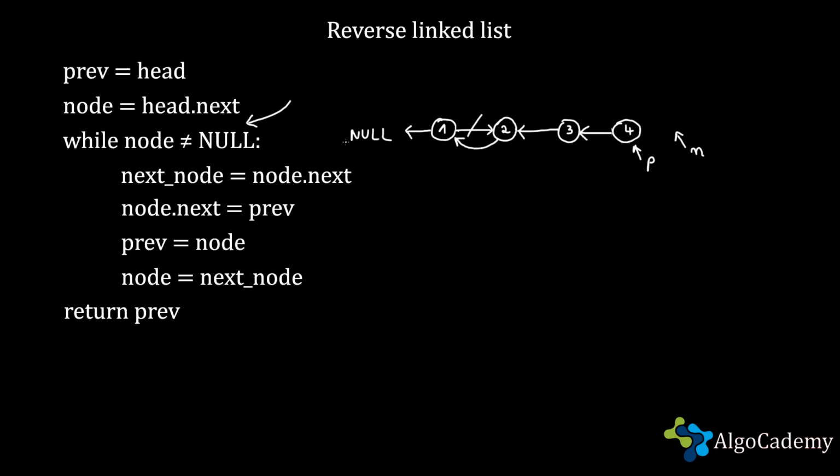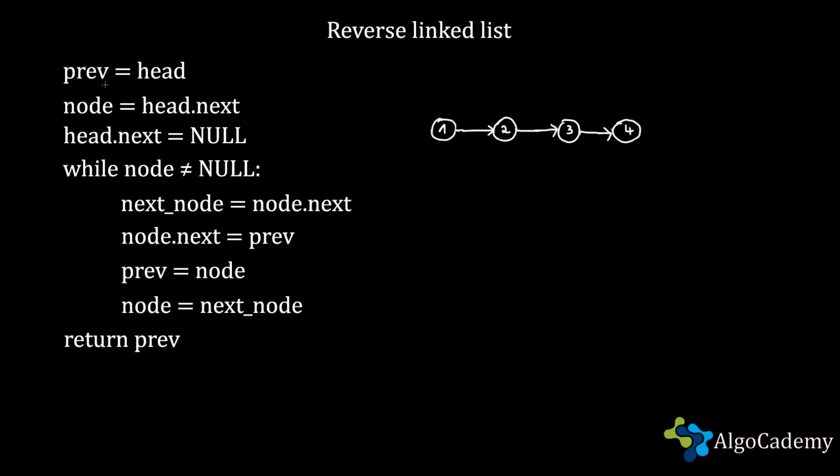Let's add this new line of code and simulate once again the algorithm to see indeed that the list is right and finish the problem. So now prev is head. Cool, this is prev. Node is head.next. Cool, this is node. Head.next = null. Okay, so this link is being replaced by a link to null.